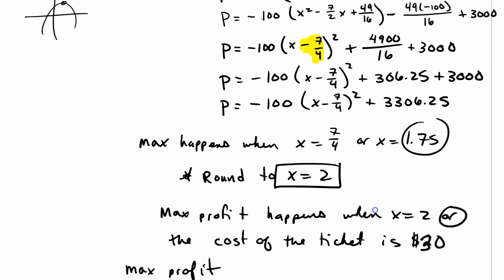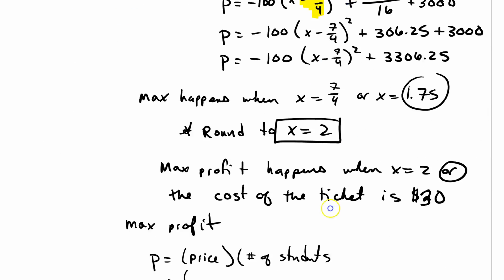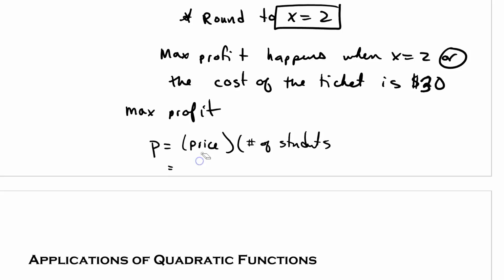So the price, let's go back up here. The number of students here is going to be 150, or the price is going to be 20 plus 5x, and the number of students is 150 minus 20x. Now we're going to substitute in 2 for our x.